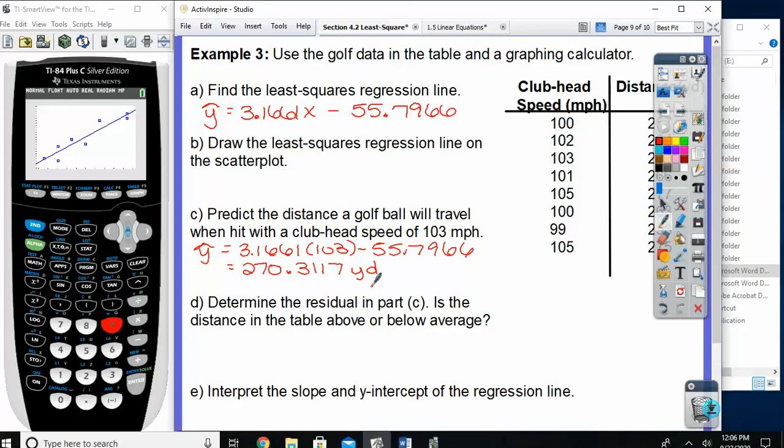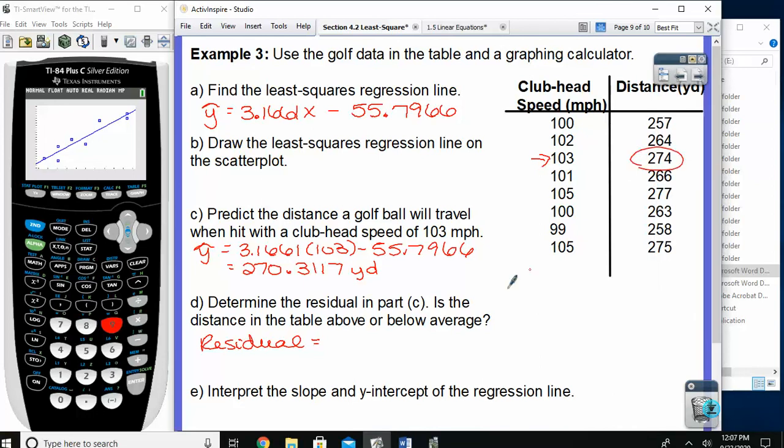D, determine the residual. So if you forget what the residual is, remember you have the formula sheet, it tells you everything. The residual is your observed y. So if I'm looking at 103, we observed a y of 274 minus our predicted y, which is what we got from our equation.